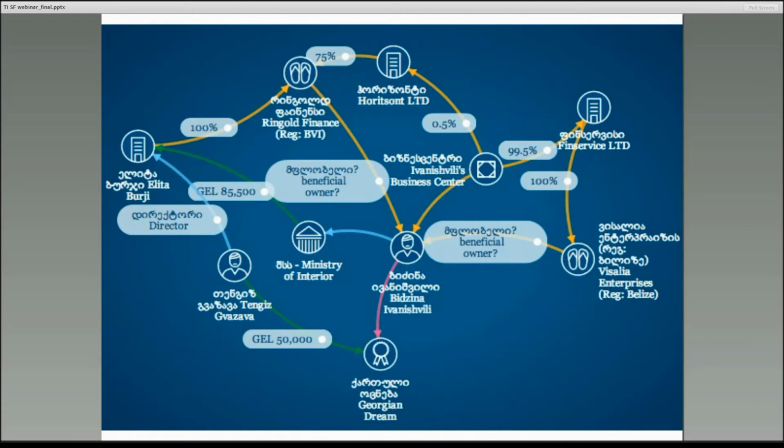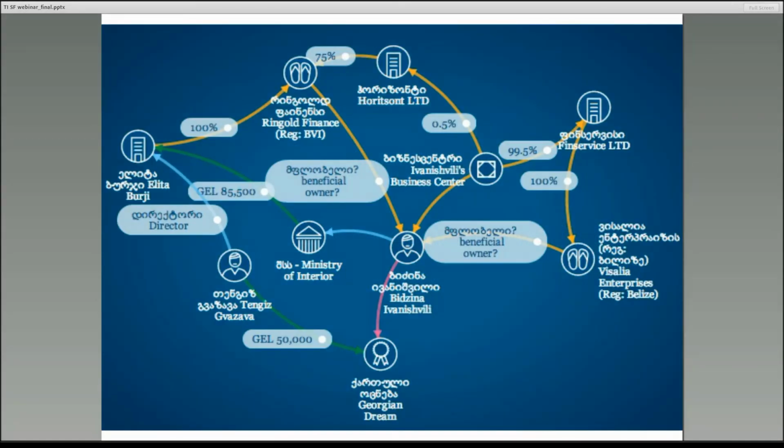So basically, we were able to link this entity to the Prime Minister at the time. We were able to show that this company had gotten a non-competitive contract, so there was no tender. It had gotten contracts from the Ministry of Internal Affairs, which showed us a very bad culture or practice in terms of public contracting.